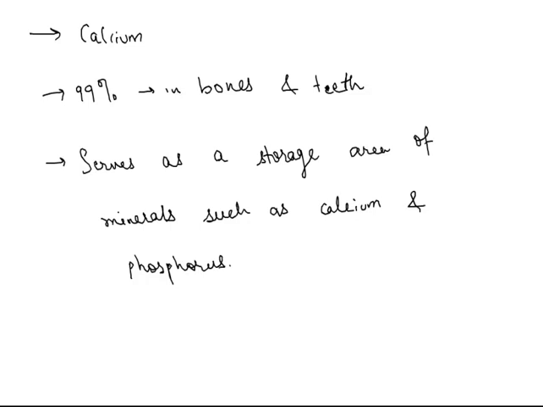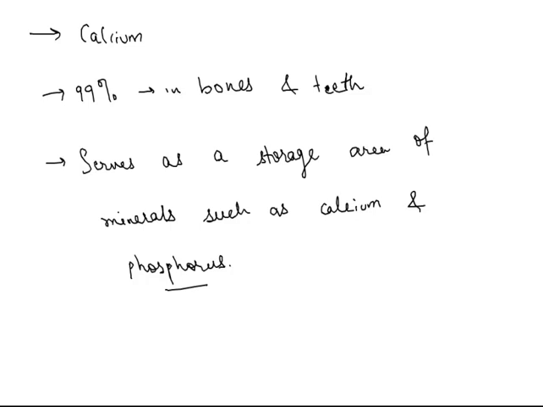So calcium is essential for strong healthy bones, and the skeleton serves as a storage area of minerals. The skeleton serves as the storage area of minerals such as calcium and phosphorus. So this is also one of the functions of the skeletal system, right?